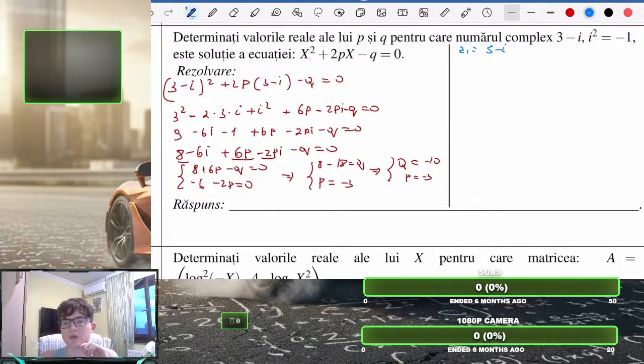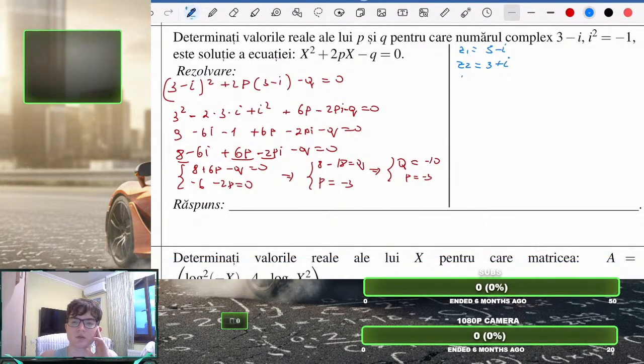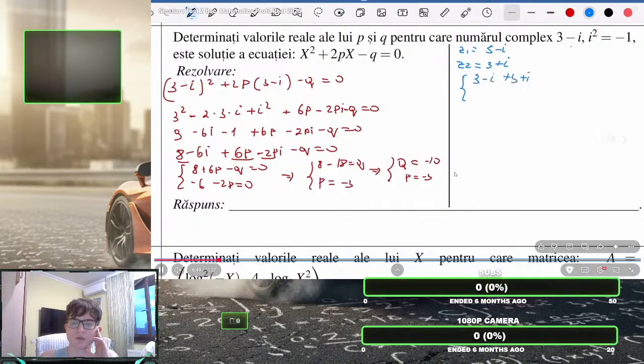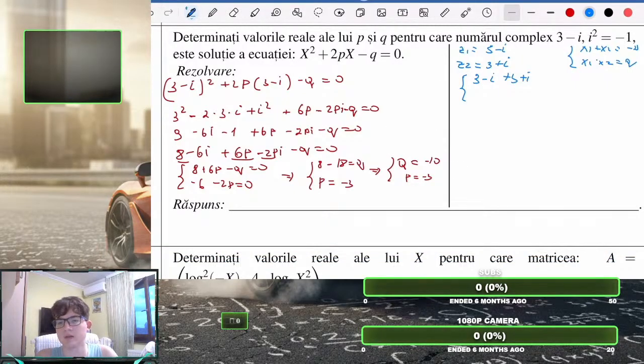z1 is this, so z2 is 3 plus i, or what? And so you can go with the Viète stuff, right?